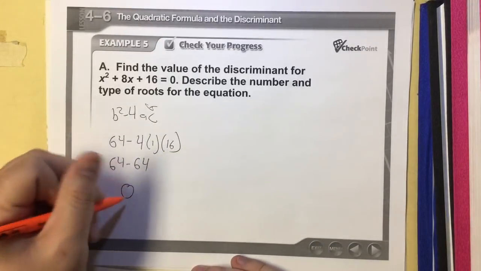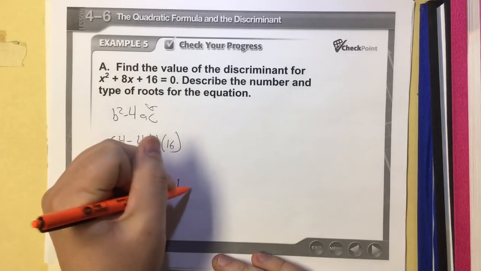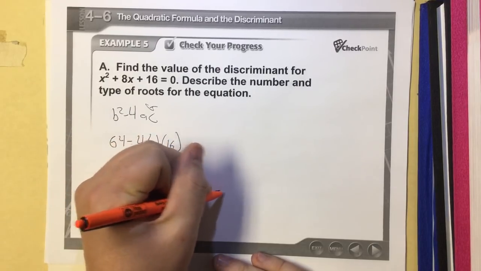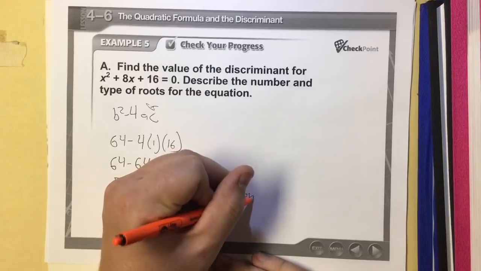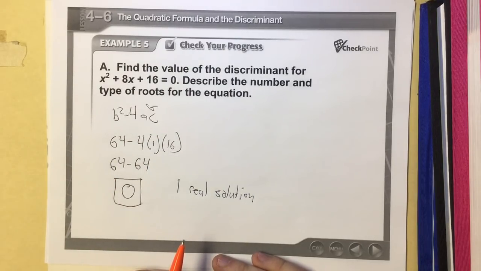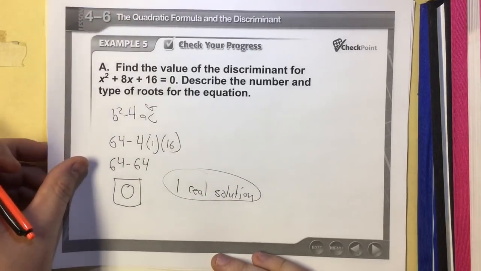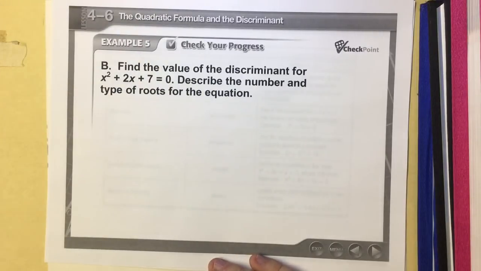Since my discriminant is 0, that means I am going to have only one real solution or one real root, because the discriminant, the number that would be under that square root, was equal to 0.